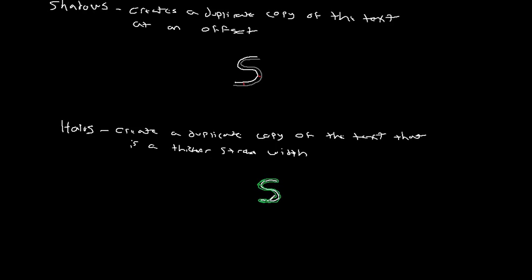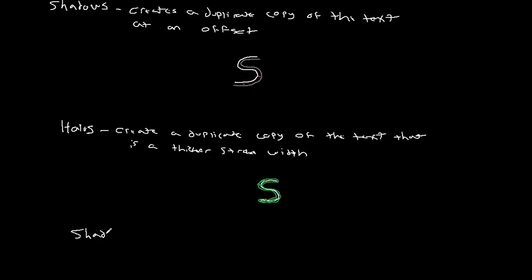Now it's kind of hard to tell, but basically haloing is going to be attached to the letter versus shadowing is going to be offset from the letter. Halos are going to be wrapped all around on all sides. Shadow is only going to be on one side. So again, the key difference between a halo and a shadow is that a shadow is going to be on one side of the text and a halo is going to be on all sides of the text. Okay? Make a note of that.